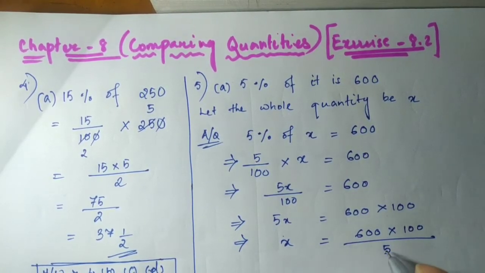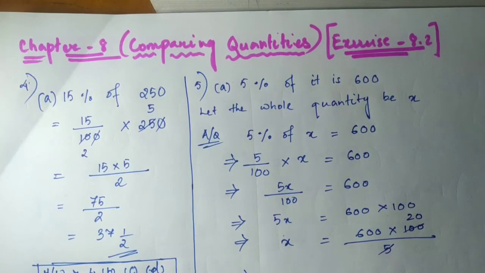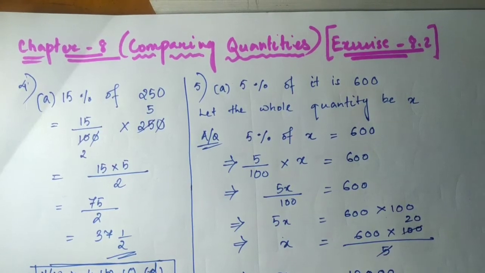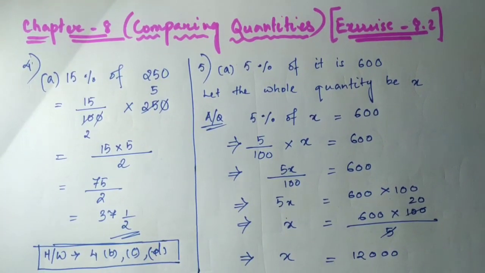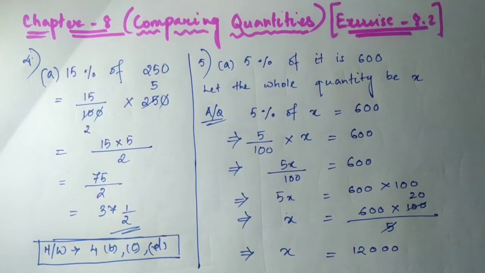Okay, so I can cancel, 5 20s are 100. So what remains? 600 into 20. 6 2s are 12 and 1 2 3 zeros. So that means my x is equal to 1200. What is x? The whole quantity.